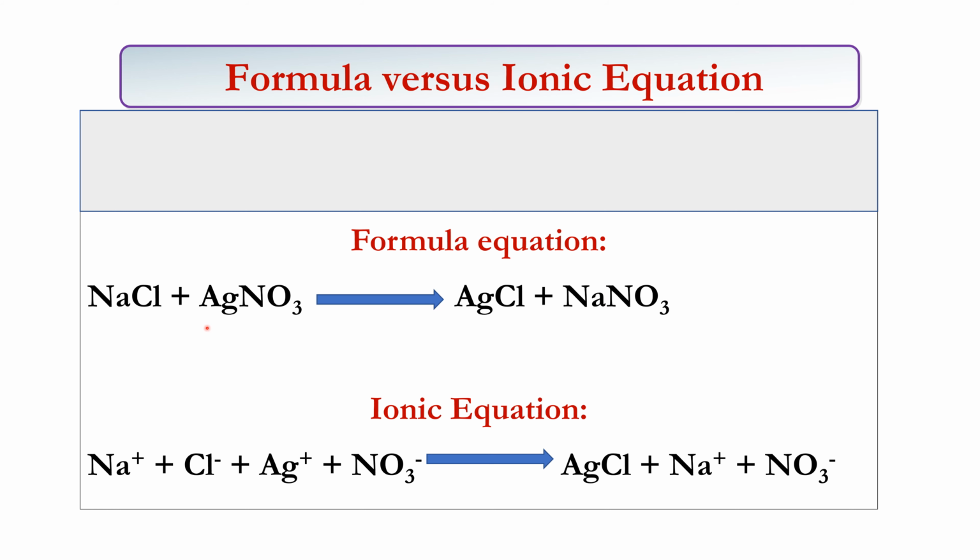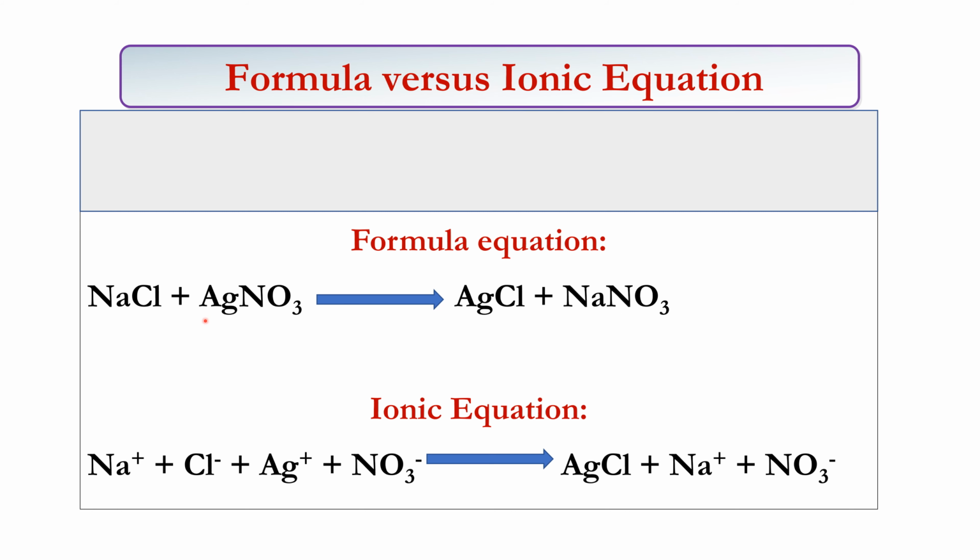The formula equation shows us how reactants rearrange to form new products. So, sodium chloride has reacted with silver nitrate to form silver chloride plus sodium nitrate. The formula equation also shows us the number of moles of each of the reactants and the number of moles of each of the products that are formed.